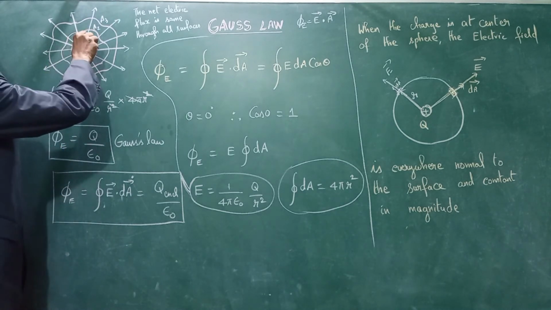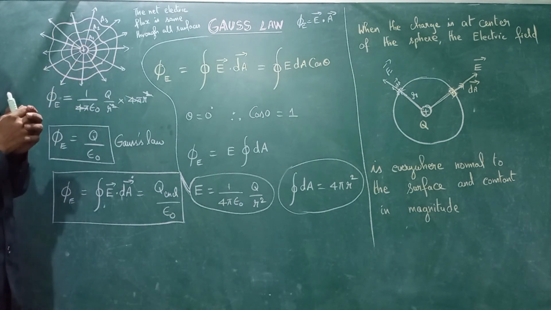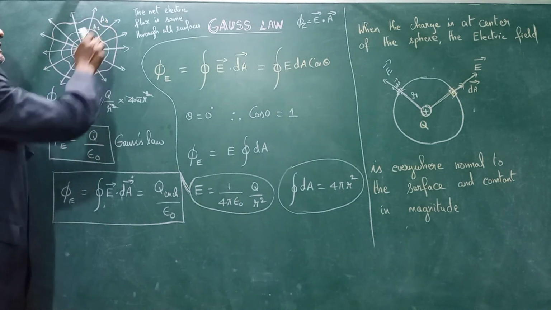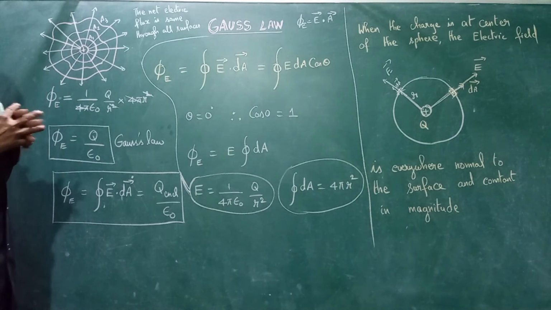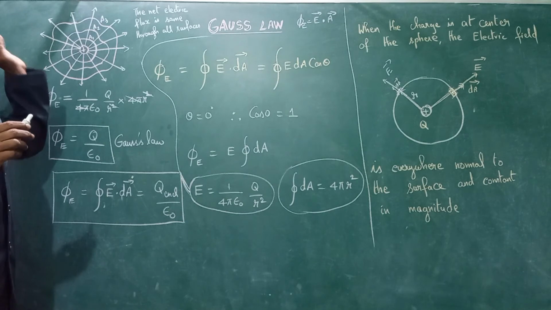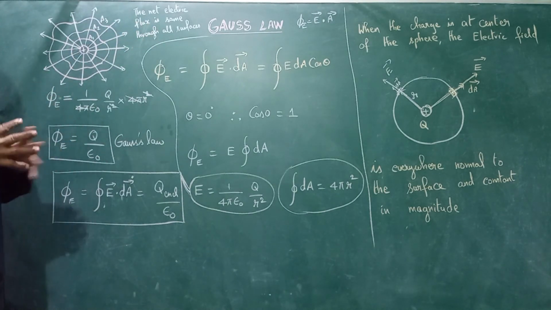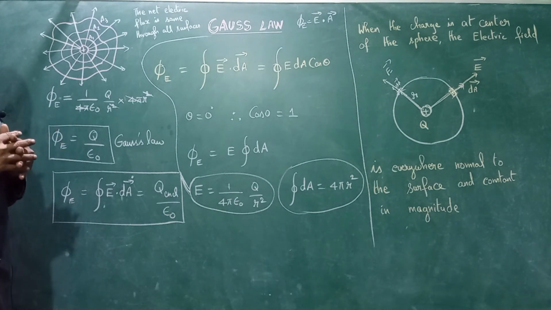So you are considering different areas. The first one is uniform, whereas the second and third cases are not uniform. The electric flux lines come out in all directions, so the net electric flux is the same through all surfaces. It is not going to vary.